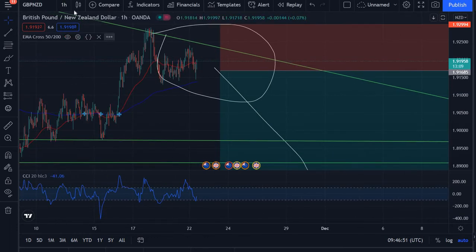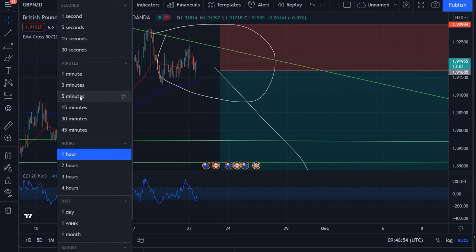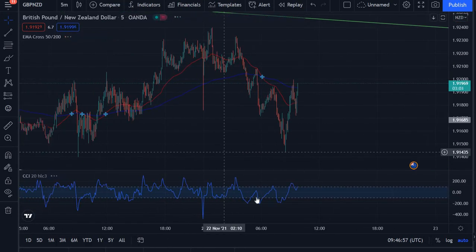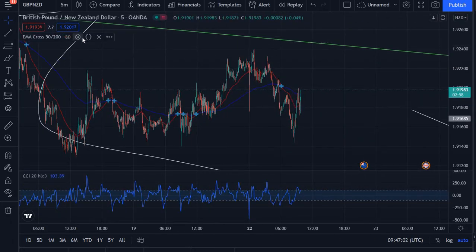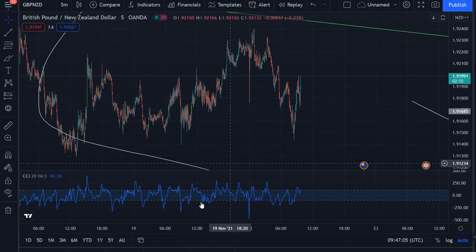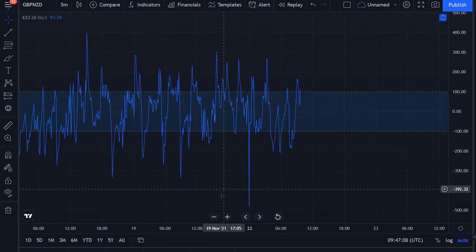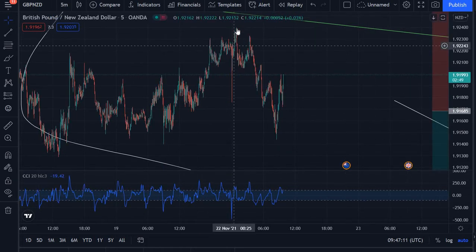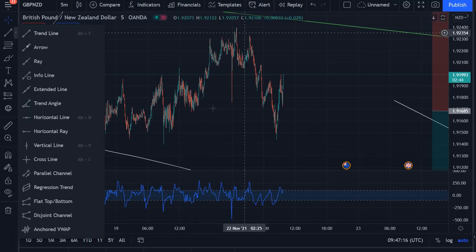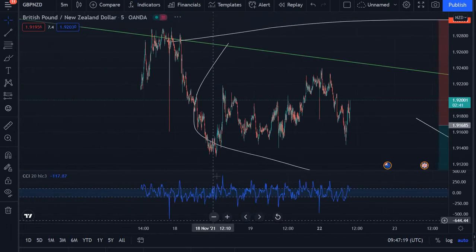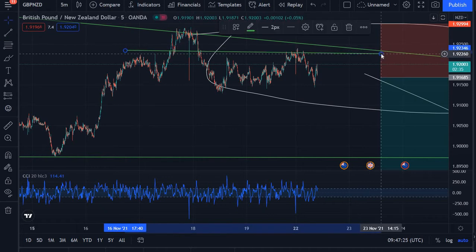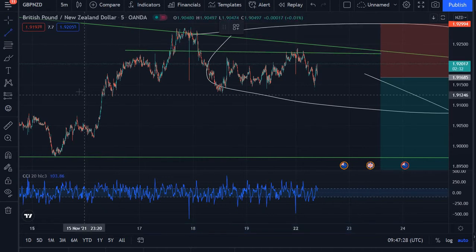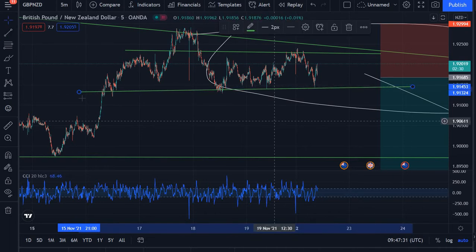So if we zoom in and check the smaller time frames a little bit, here this is the stop loss, the previous high, and for now we are going sideways as well.